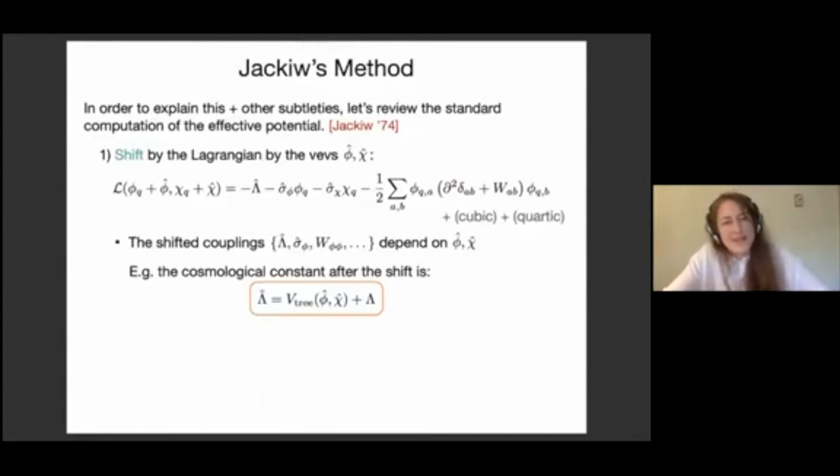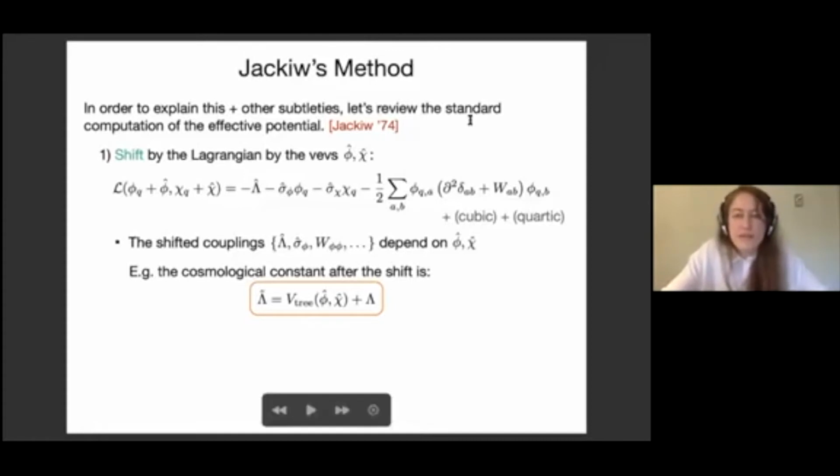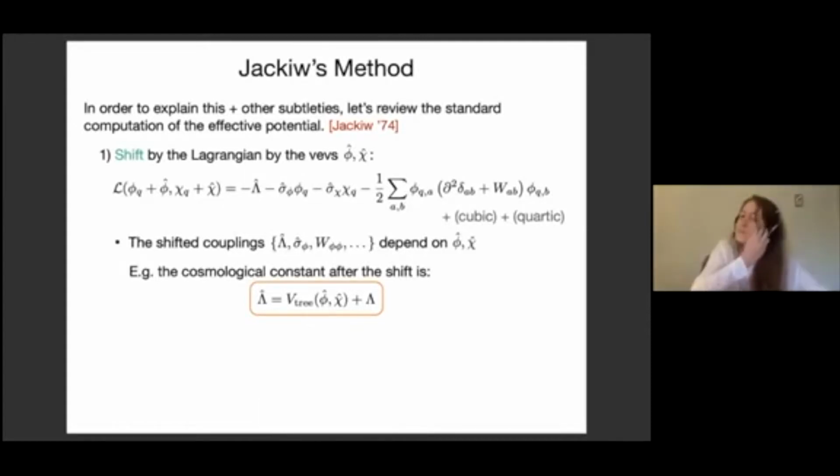To explain it, it's useful to review the standard functional derivation of the effective potential due to Jackiw, a year after the original Coleman and Weinberg paper. This will set the stage for the derivation that will follow in our procedure, and will also let us talk about some of these subtleties.